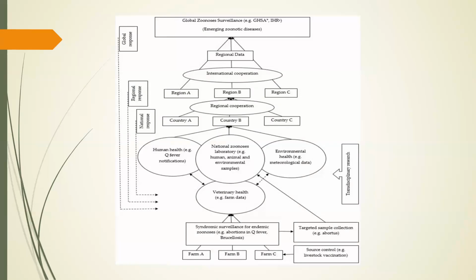So this is the flow chart where I have tried to show how the initial reporting at the farm is important, as it gives information towards the global level. And this is not only for Coxiella or the One Health approach, it is required for all diseases wherever there is a need of notification. From the farm, with specific surveillance, it will come in the form of data.